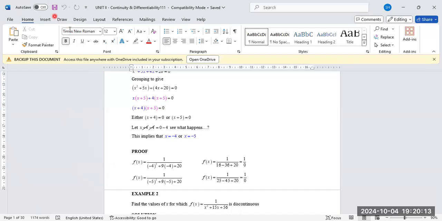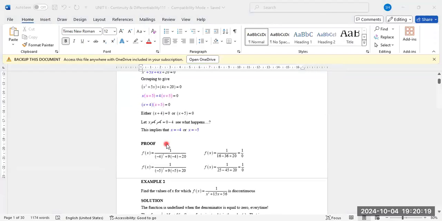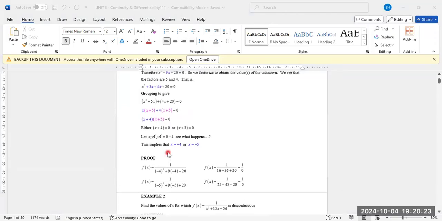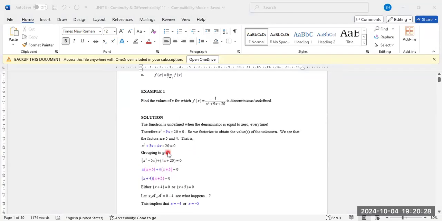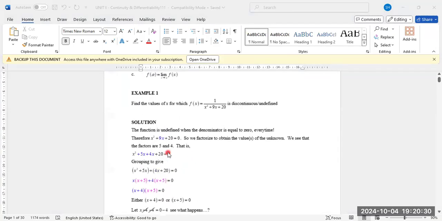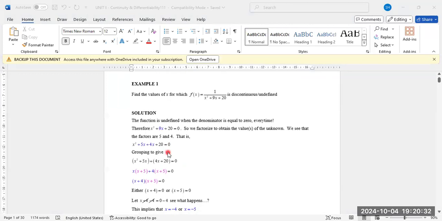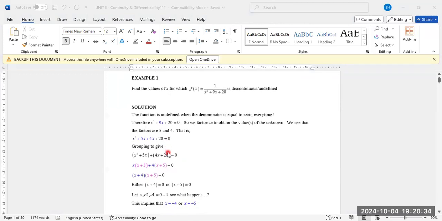Sir, you can zoom out. You can get a screenshot there, sir. All right, scroll back up. I think when I scroll up, I can't see everything. That's it.